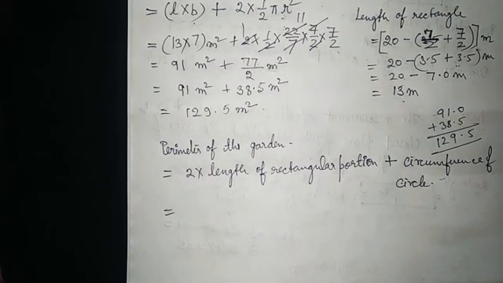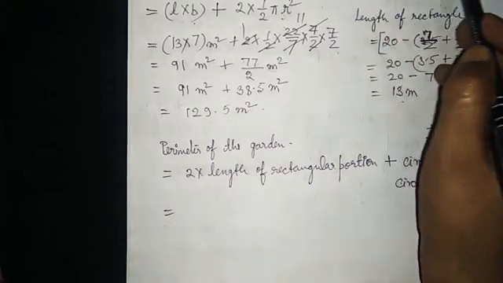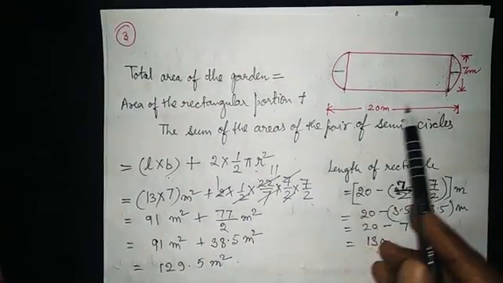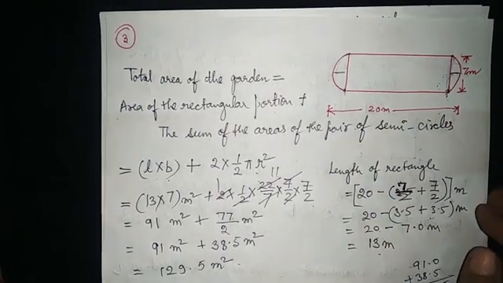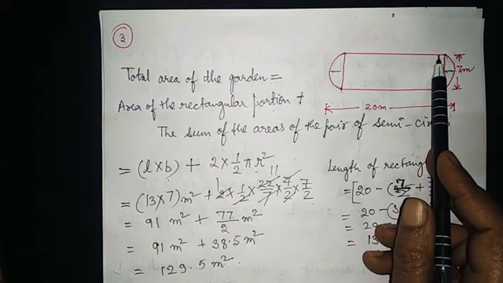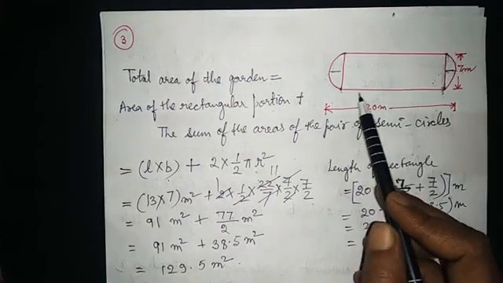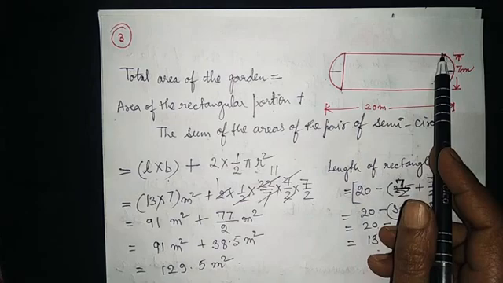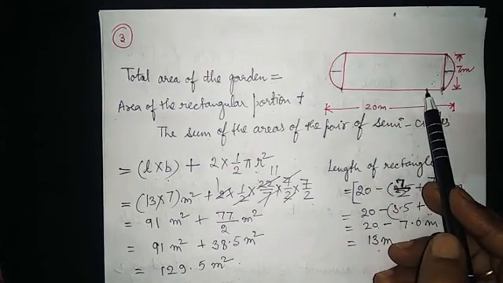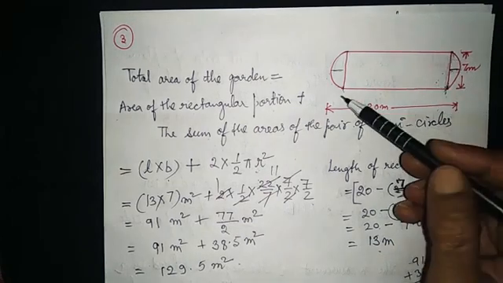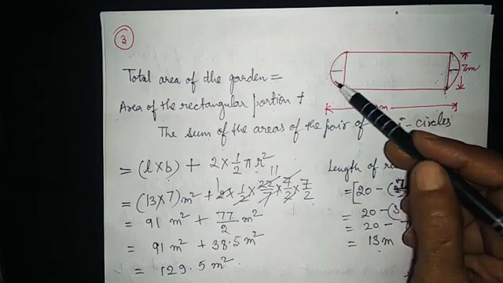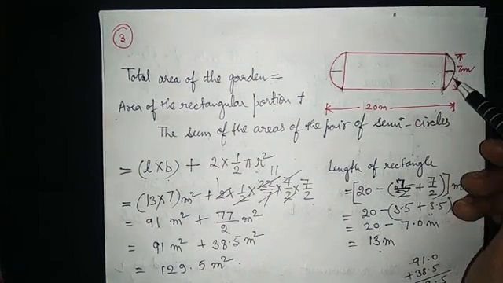Here students, if you calculate the perimeter of this figure, you will add this side and this side, the length of the rectangular portion, 2 times, and the circumference of this semicircle and this semicircle.